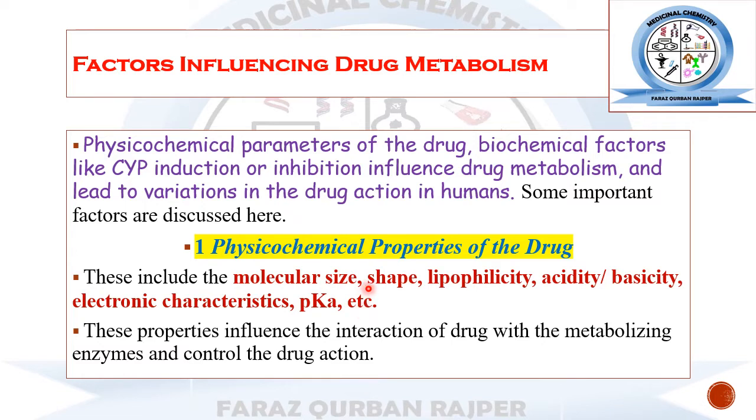For example, if the drug molecular size is larger, it may have a problem binding to the specific site on its target, and therefore it cannot produce its effect. The same will be the case with metabolism. It will not be properly metabolized, and that's why it can accumulate and drug toxicity can occur.